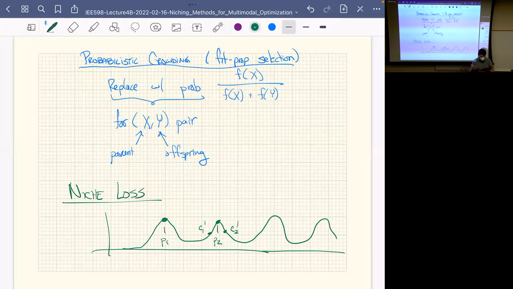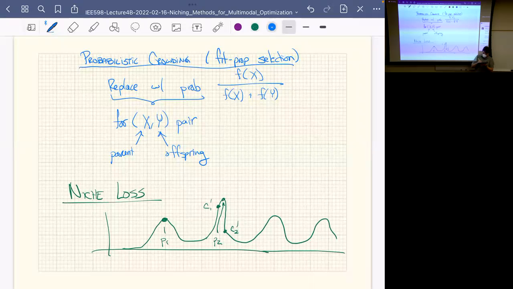Now what can happen is that if you happen to pair up P1 and C1 prime, let me draw C1 prime a little higher to make this actually look like a feasible outcome. So I'm going to draw this peak higher. Okay, so now this is P2, and this one down here is C1 prime.